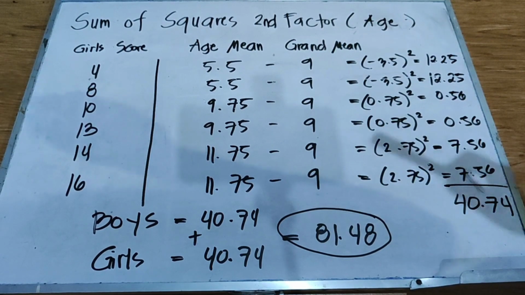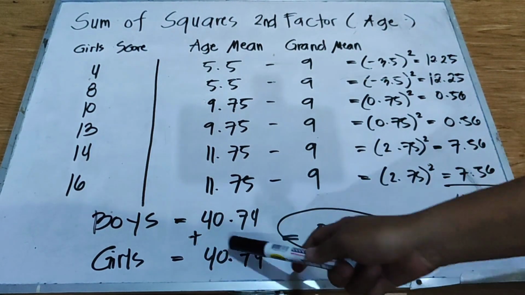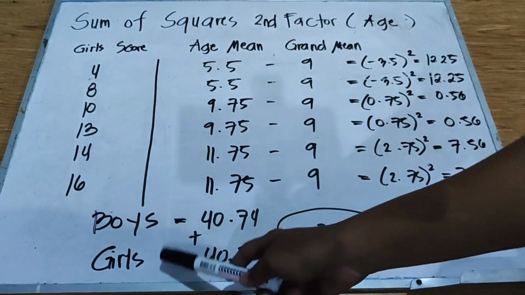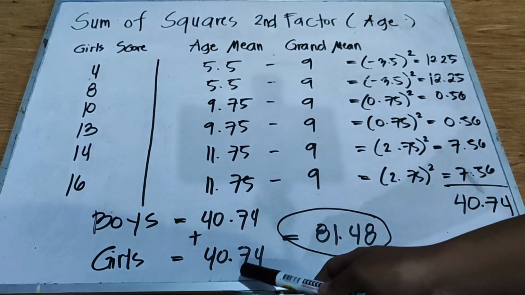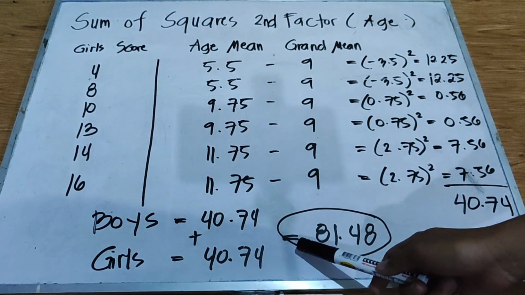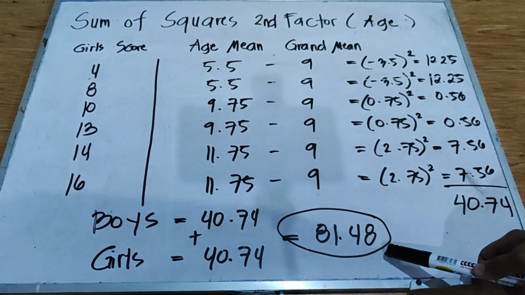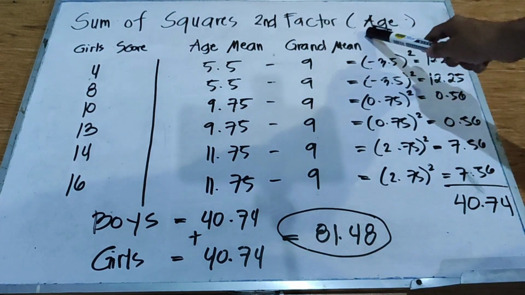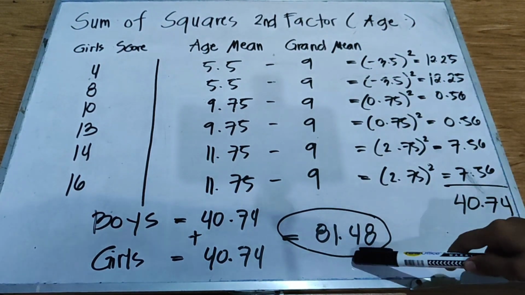So, adding the boys group's 40.74 to the girls' 40.74 equals to 81.48. The sum of squares of the second factor, age, is equals to 81.48.